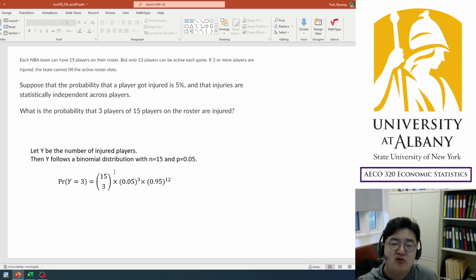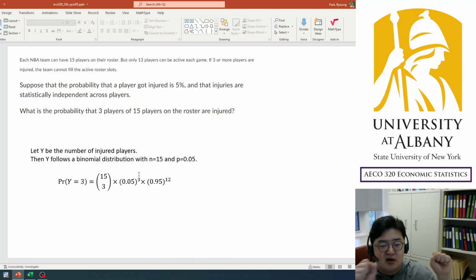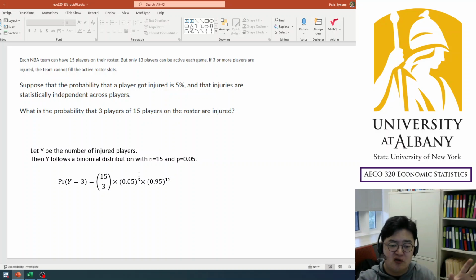So then you have to think about the number of combinations. 15 choose 3. How many players can get injured? So you have to choose 3 out of 15.